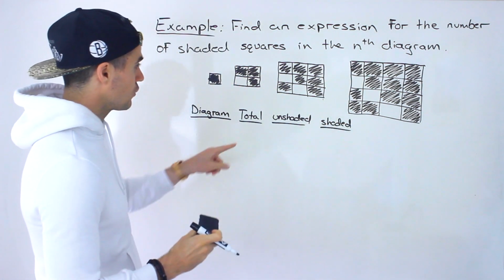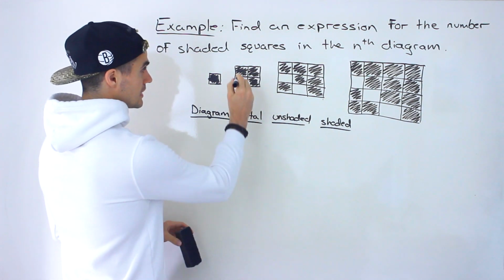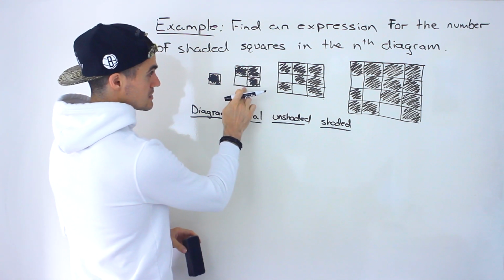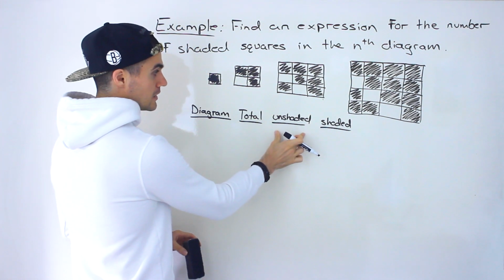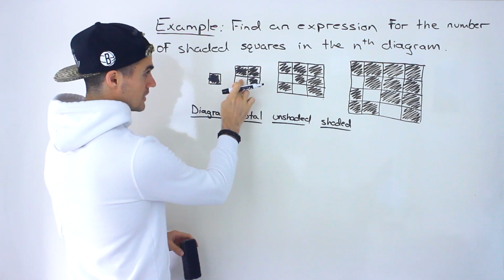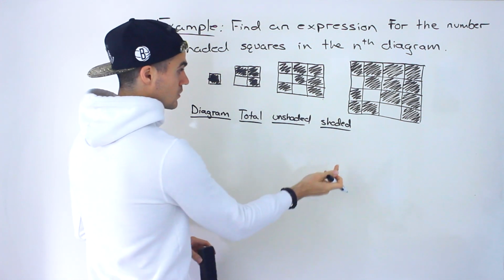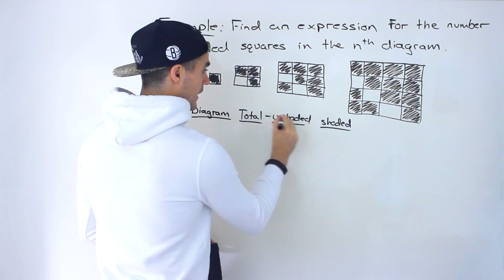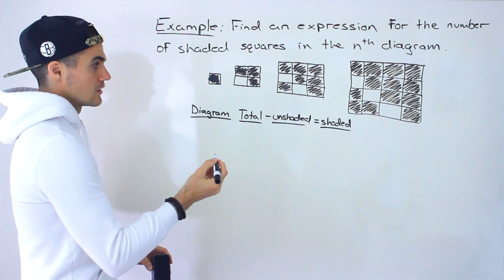And actually, if you think about it, the way that these three relate, you could take the total number of regions, which in this second diagram is 4, and subtract the number of unshaded regions, which in the same diagram is 1, to get the number of shaded regions, which is 3. So the way these three relate is total minus unshaded is equal to shaded.